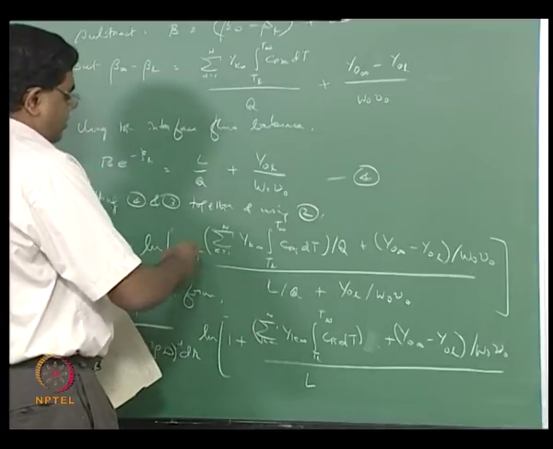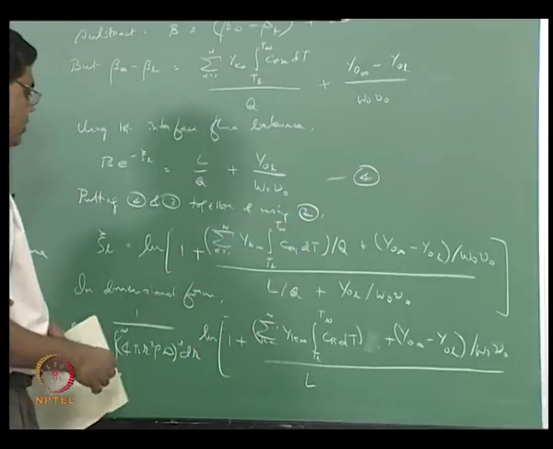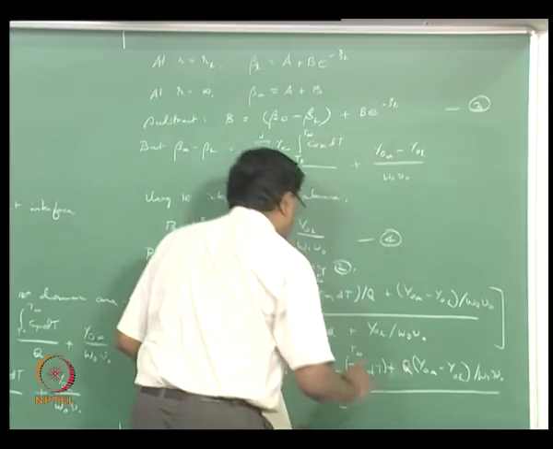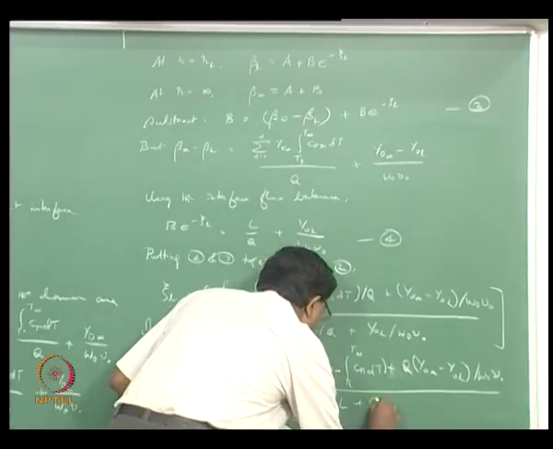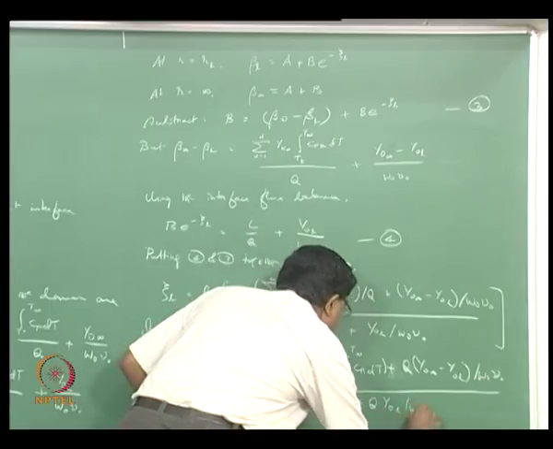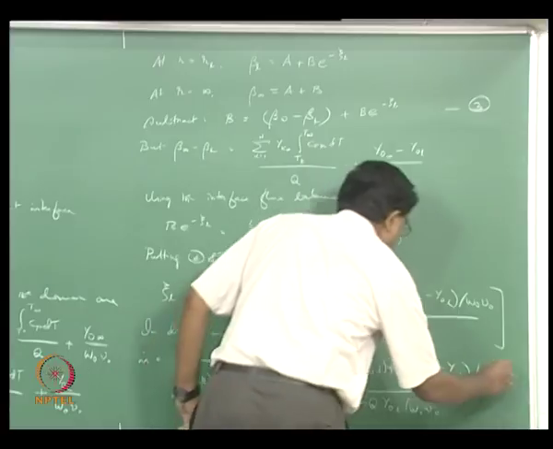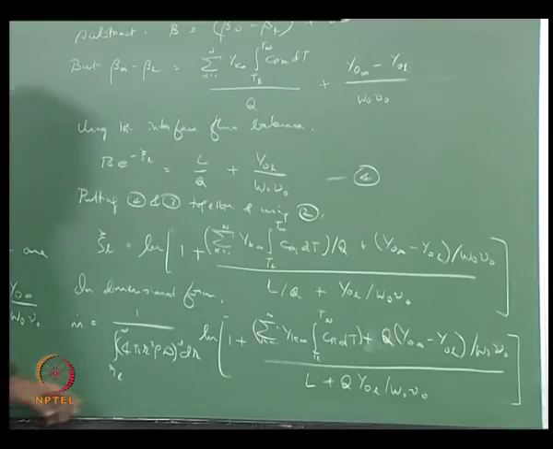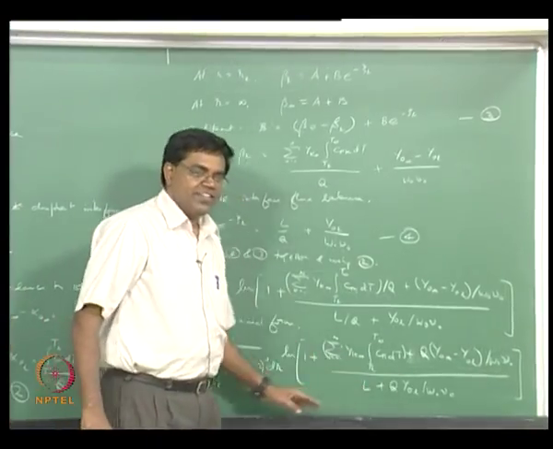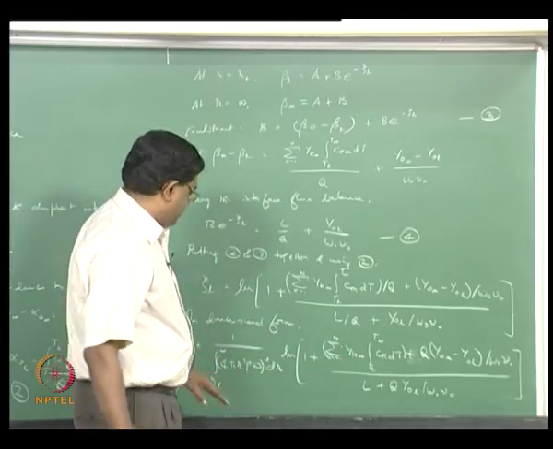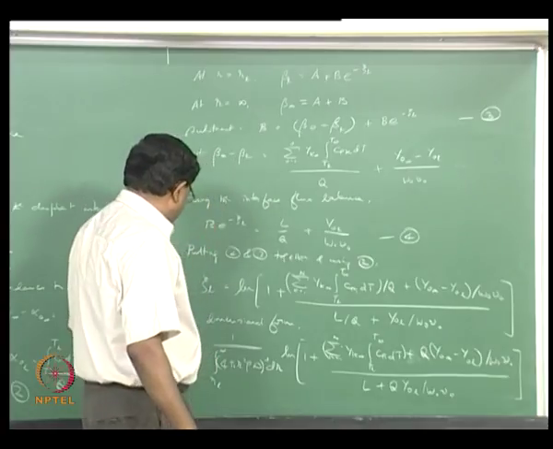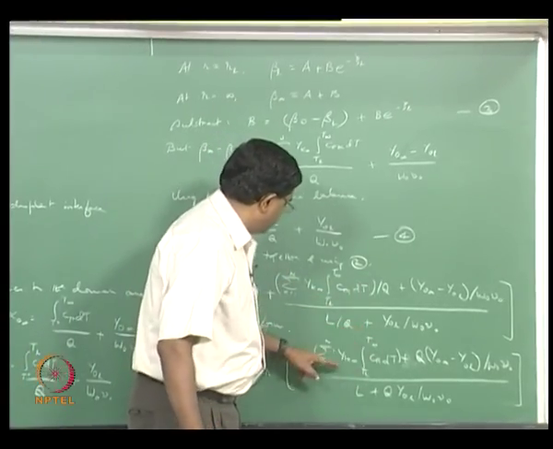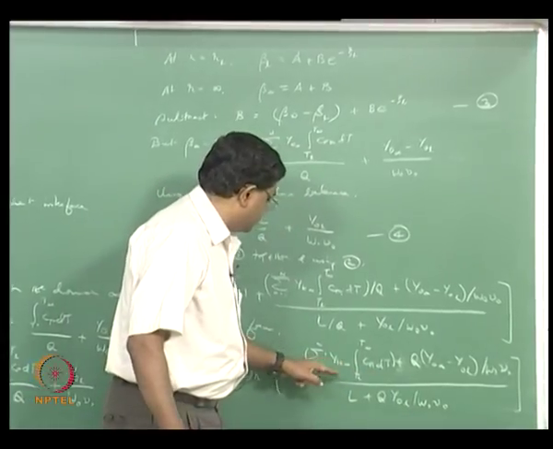If you now try to multiply Q throughout both numerator and denominator, you could write this as plus Q, and this would be plus Q YOL divided by WO nu O. Of course, in the final videos we can edit out this time it took for it to write, and then we can just show the final expression written again, and here we will basically point out that we have multiplied the numerator and denominator throughout by Q, so that the Q shows up here and here instead of at the bottom of this and this.